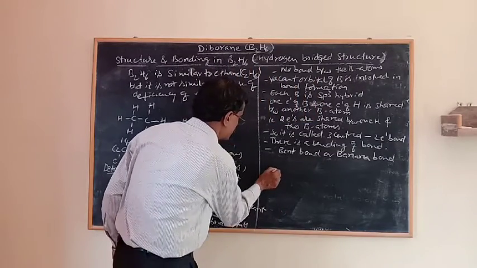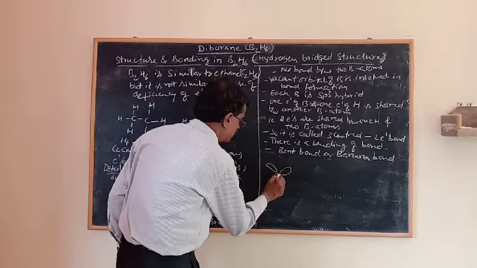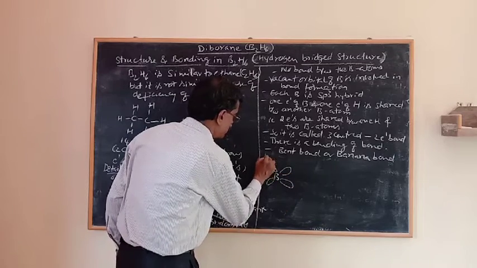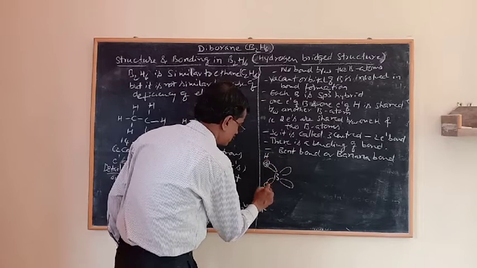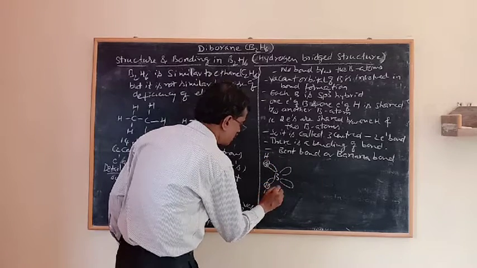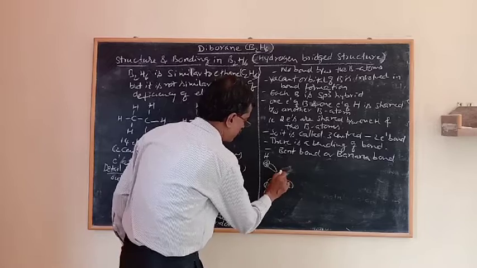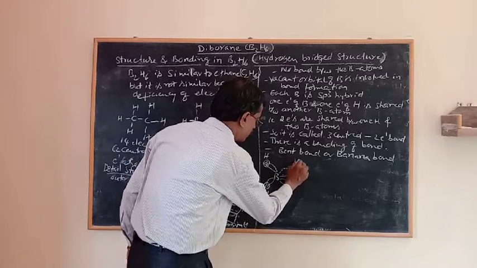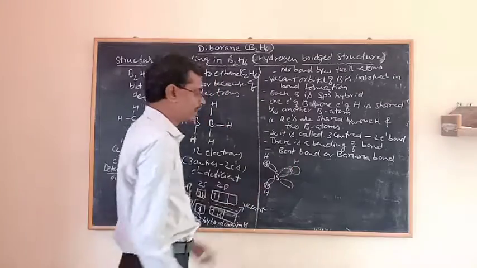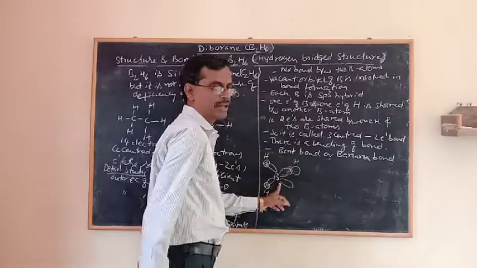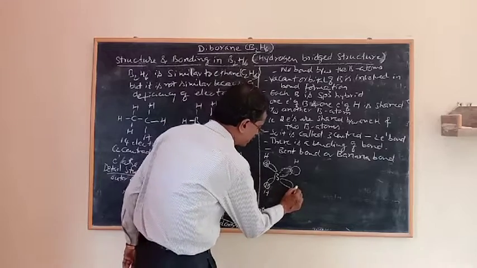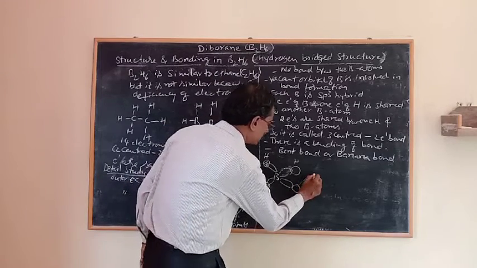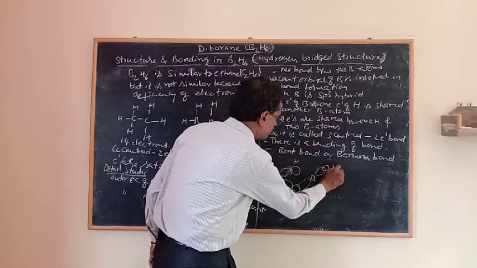This boron is having this orbital, so hydrogen is there with 1s. Here one of the hydrogen is shared with the boron atom, another is empty, there is no sharing here, but this is sharing with the another boron atom.